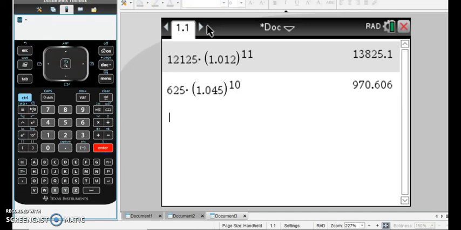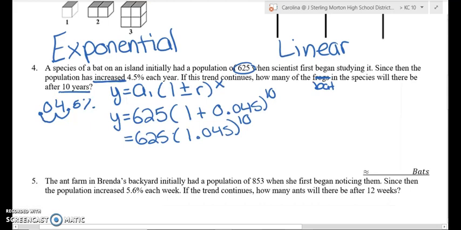So I got 970.606. Again, we're talking about bats. So we do not have a 0.606 of a bat. So I'm actually going to round it to the nearest whole bat, which would be 971. So in this case, in 10 years, there's going to be 971 bats.